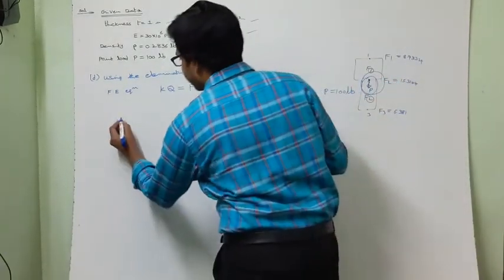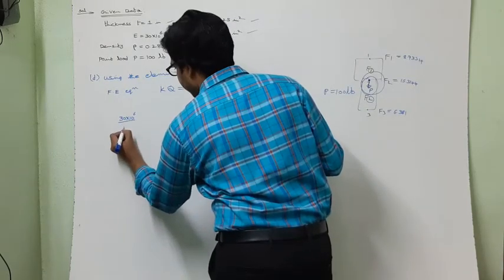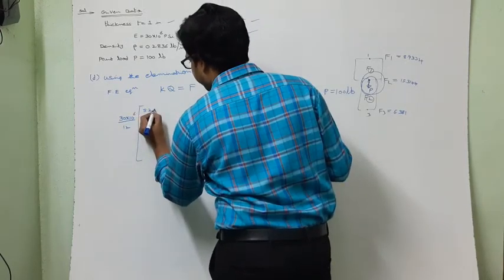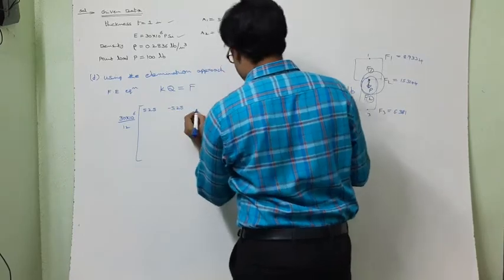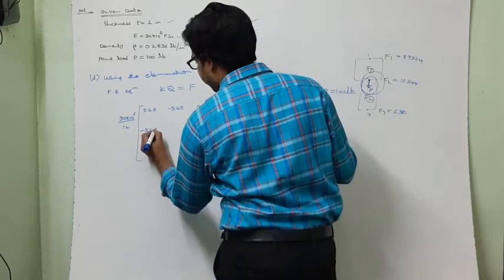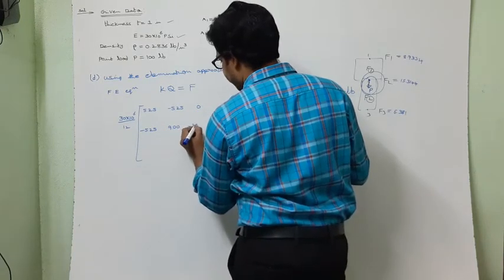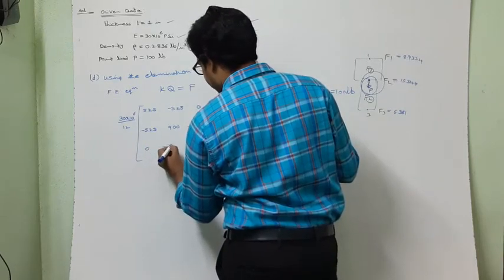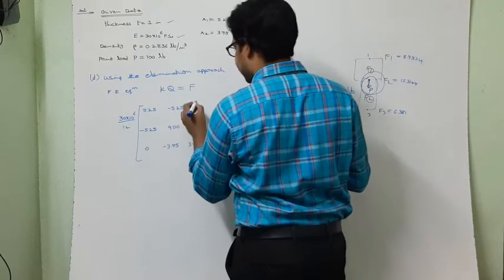K is 30 into 10 power 6 whole divided by 12 into the matrix: 5.25, minus 5.25, 0; minus 5.25, 9.00, minus 3.75; 0, minus 3.75, 3.75.